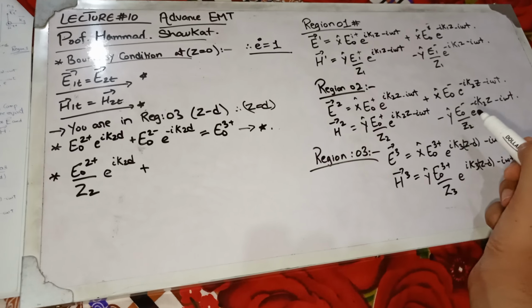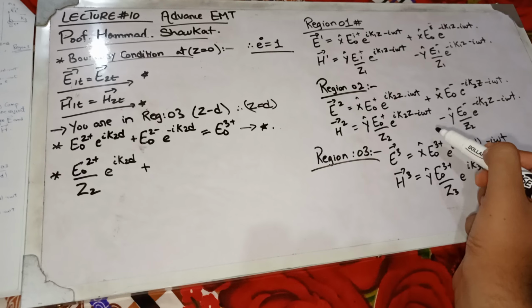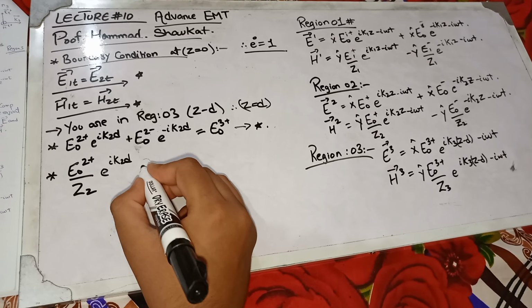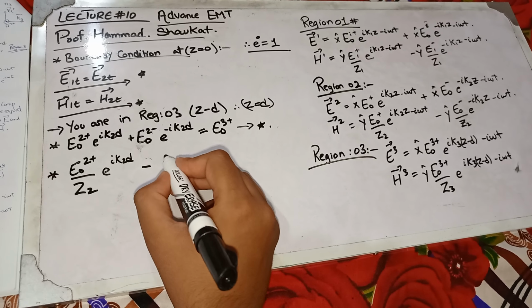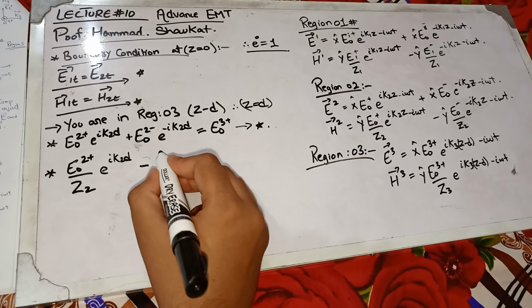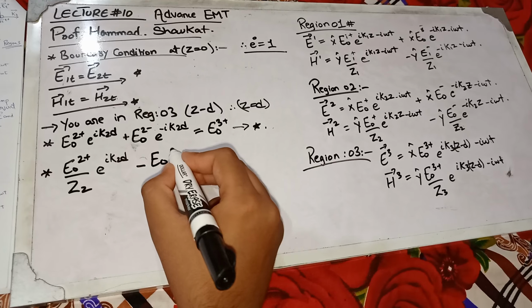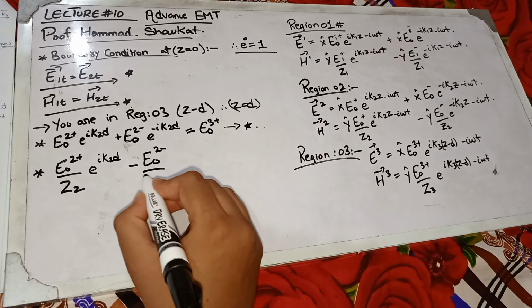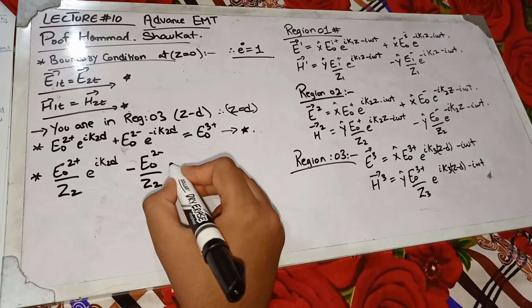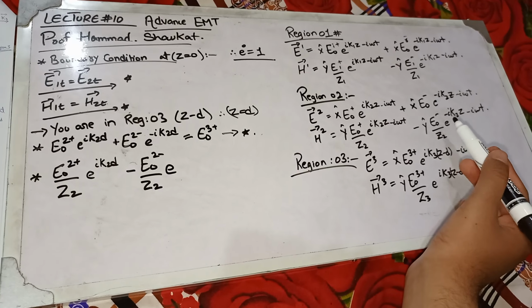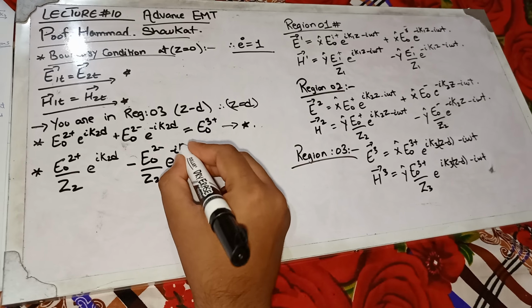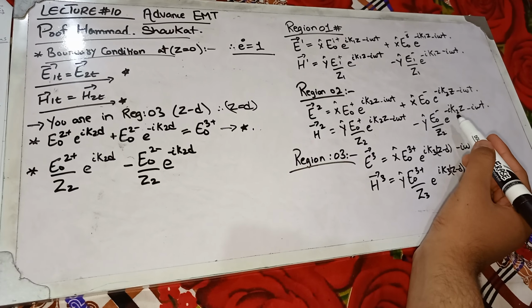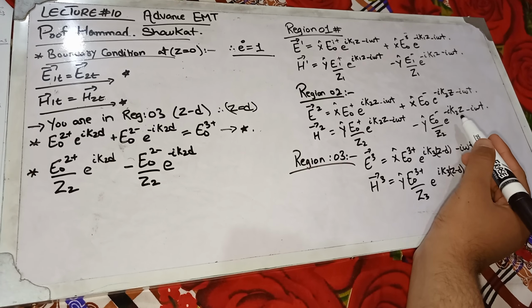Similarly, minus here, because you can see minus here, E naught 2 minus divided by Z2, times e power minus iota k2 d, since at z equals d we get minus iota k2 d.